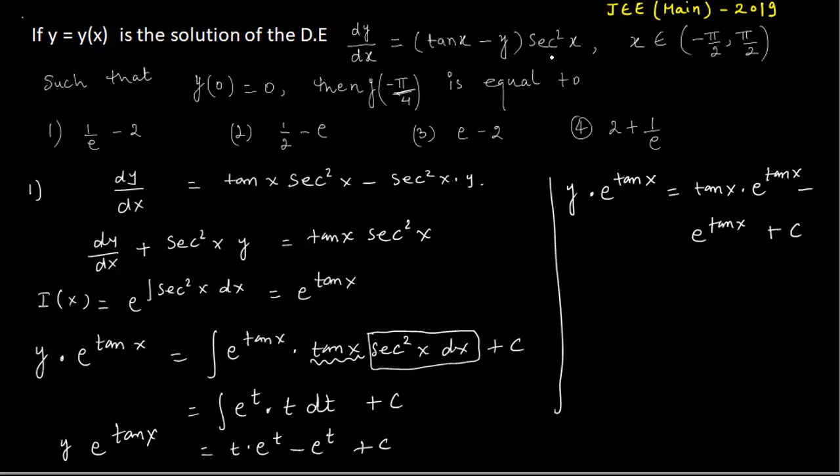Now put x equals 0 and y equals 0. So the left hand side is 0 and tan 0 is 0. So this term is 0 minus e raised to the power tan 0, which is 1, plus c. So basically c is 1.